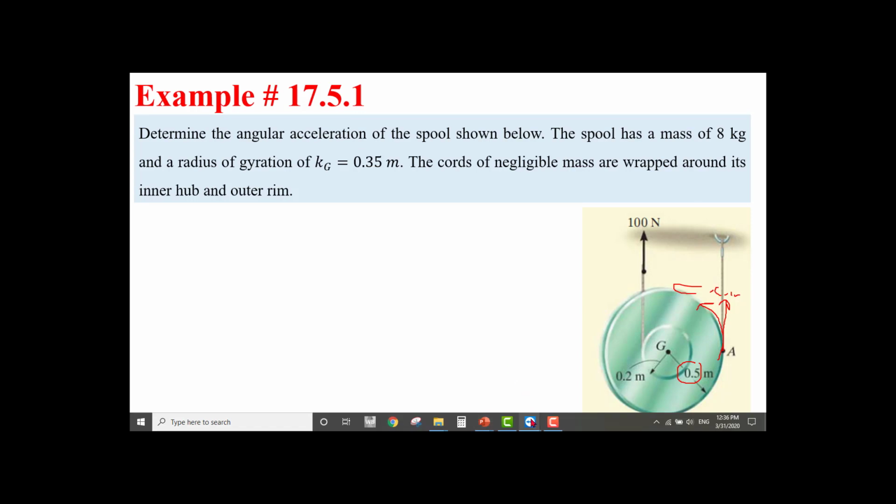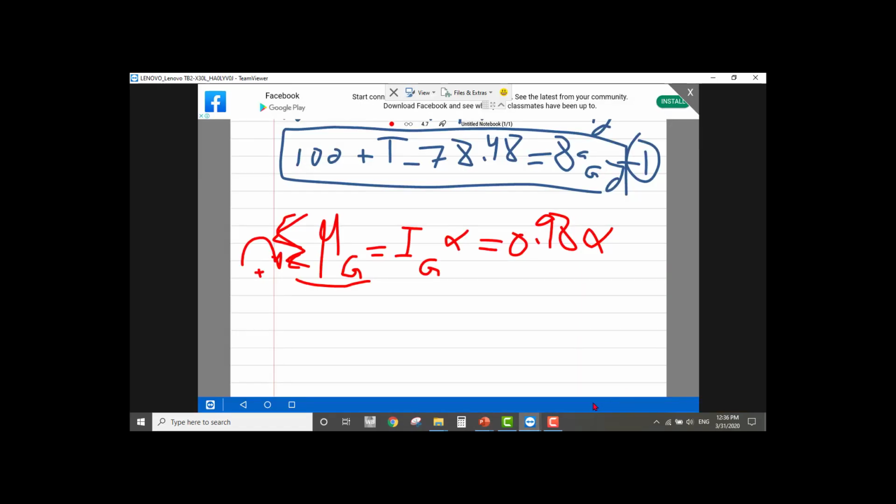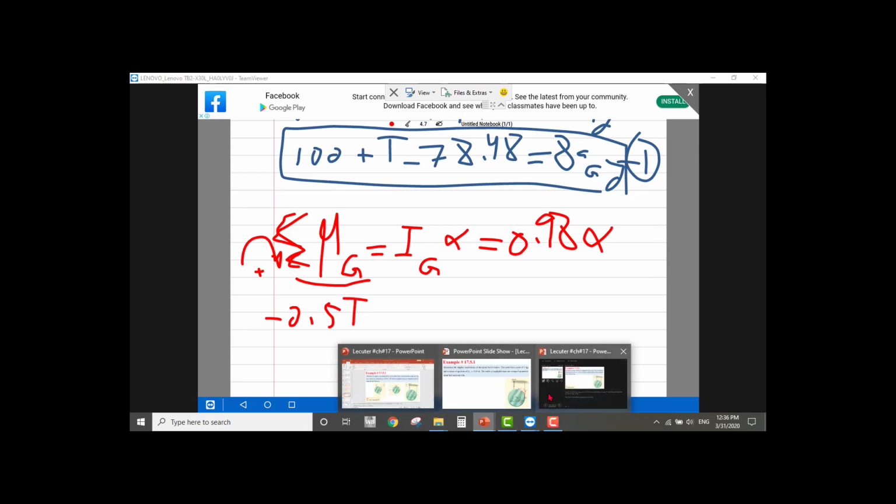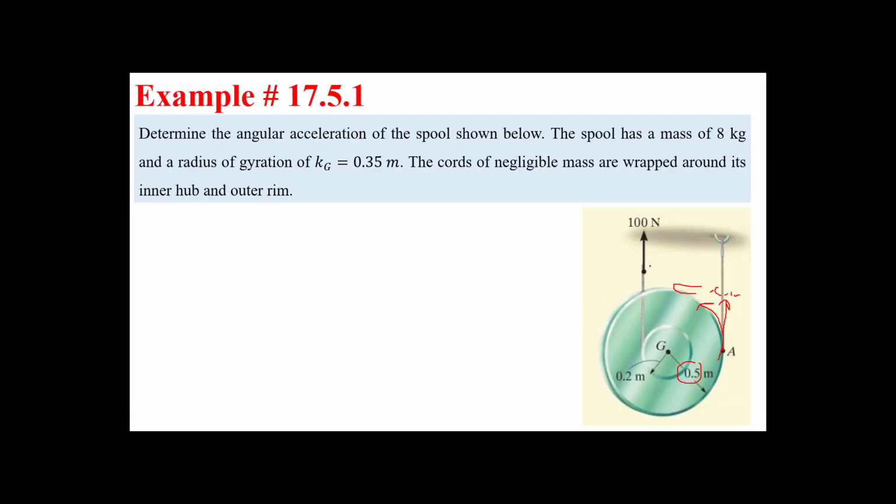Okay, let me do it one by one. Negative 0.5 multiplied by tension.